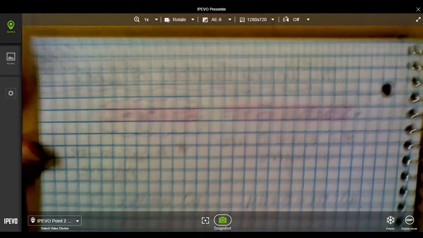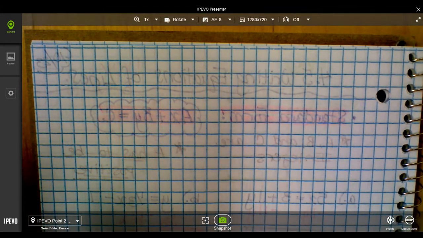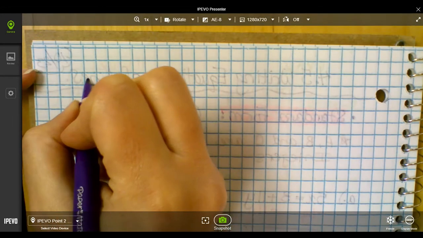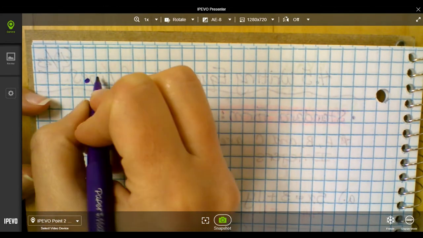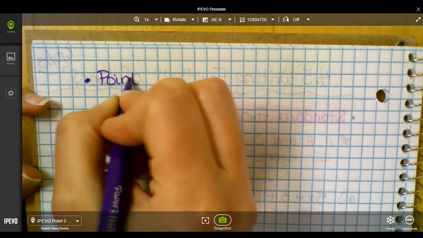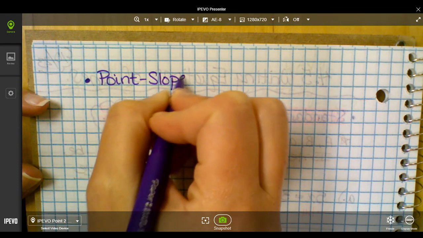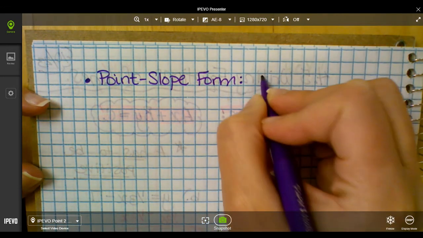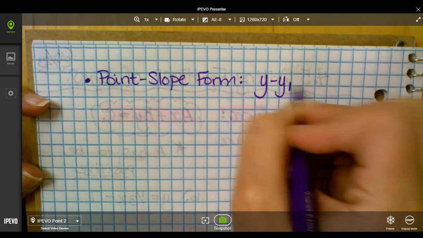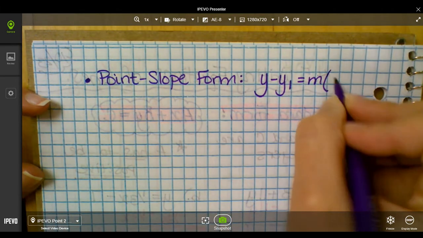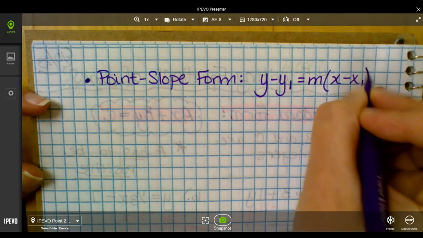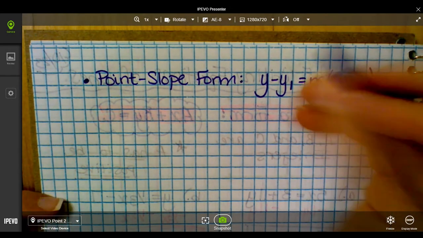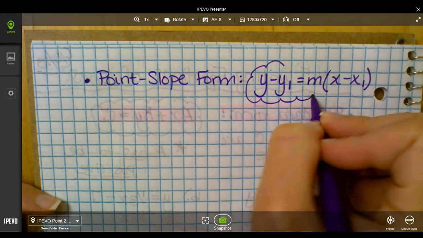Okay, let's go back to the top of the page and let's talk about our last form of a line, and that is our point-slope one. We worked a little bit with that last week too. So point-slope form, if you guys will remember, is y minus y1 equals m times x minus x1. So this is where you have a point and a slope.